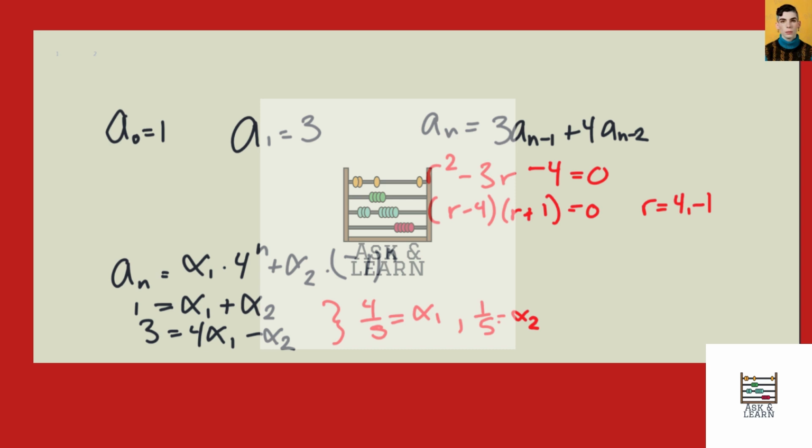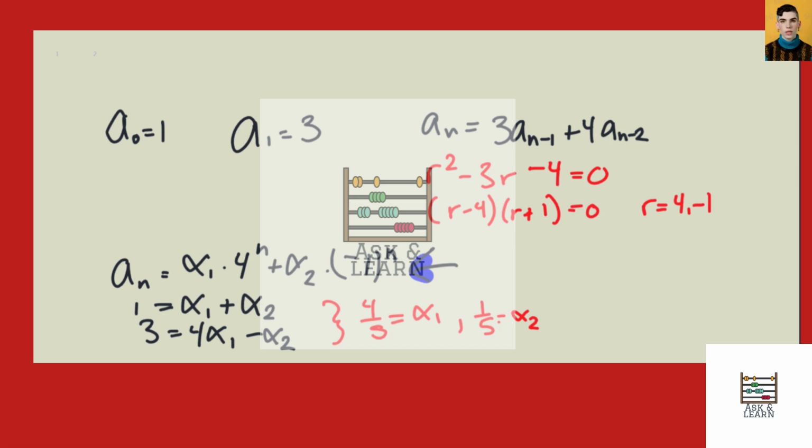Okay, so then we can put these into our equation here at the top. Apologize, not that equation. Of course, we want to put it into this equation here, replacing our alphas.